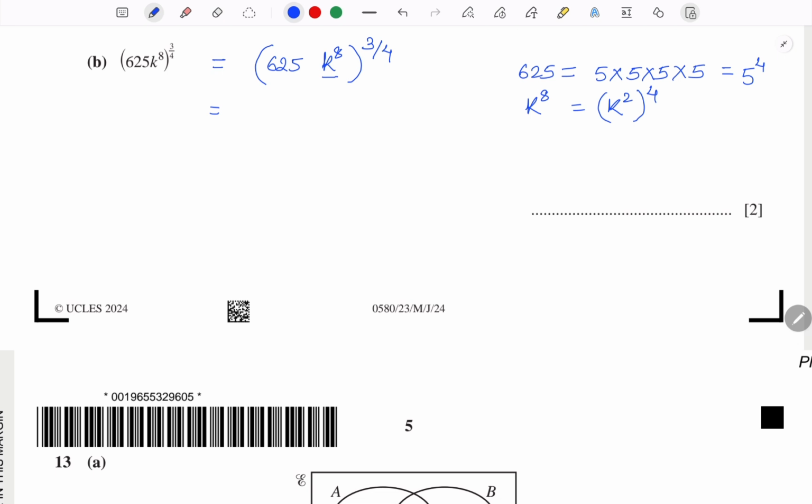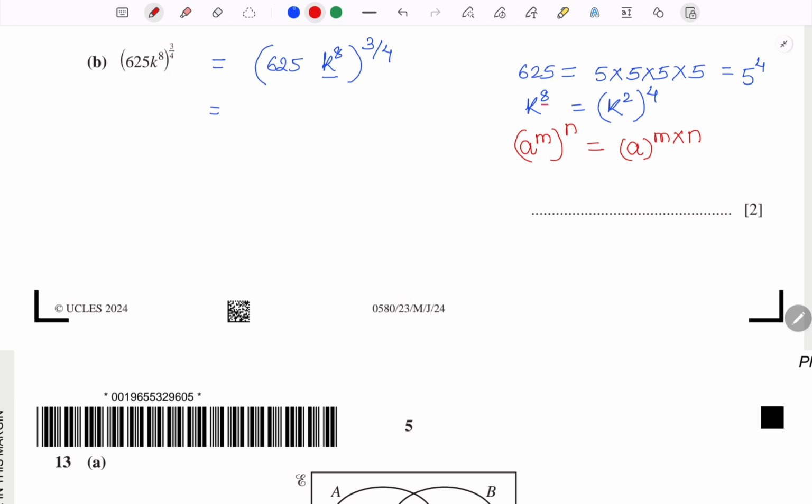How? We have to understand one simple thing here, that whenever we have a raised to the power m whole raised to the power n, we can write that as a raised to the power m into n, right? That's how we can write k raised to the power 8 equals k squared whole raised to the power 4, because this 2 and this 4 will get multiplied and 4 into 2 will give you 8.